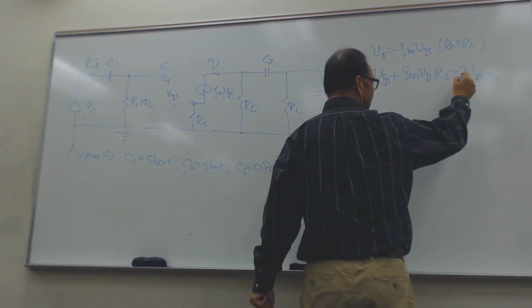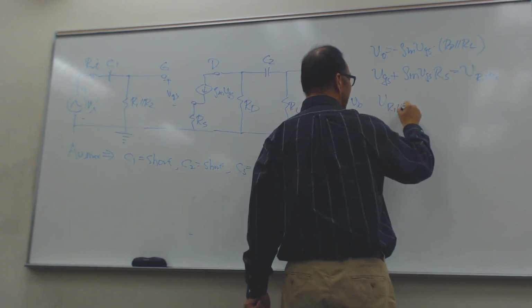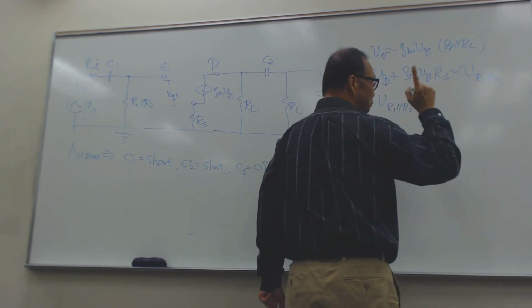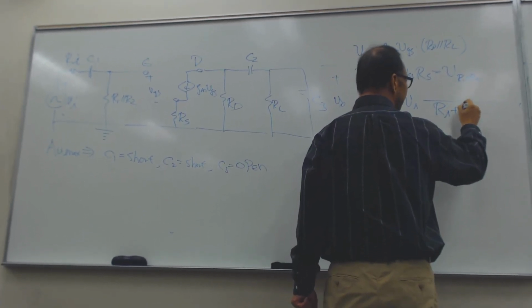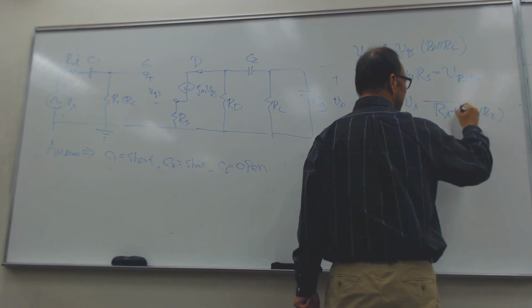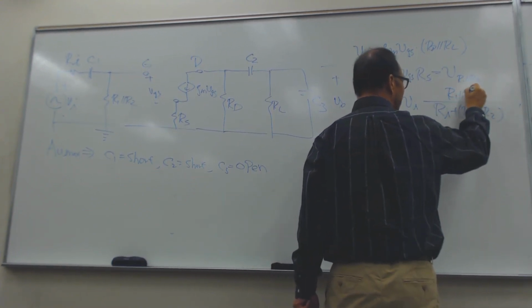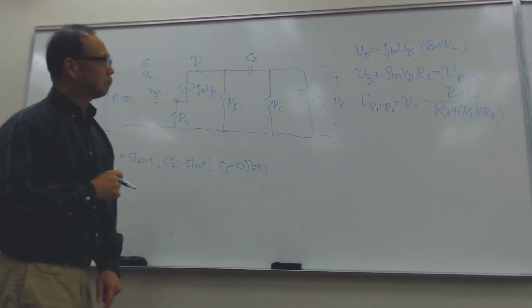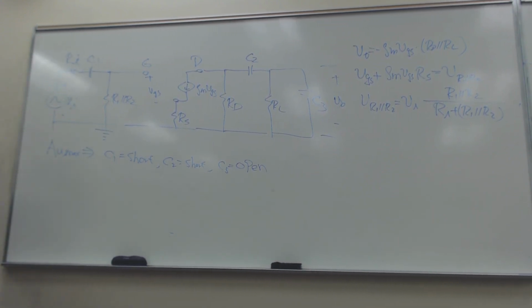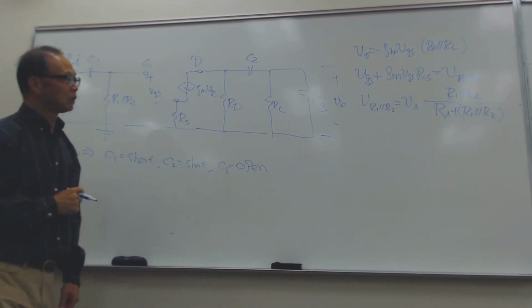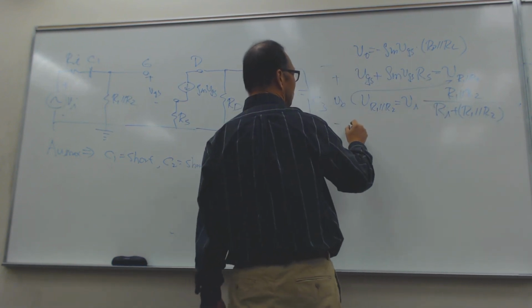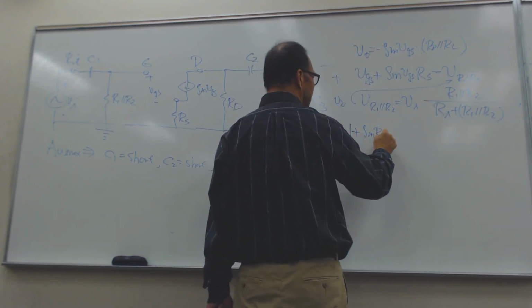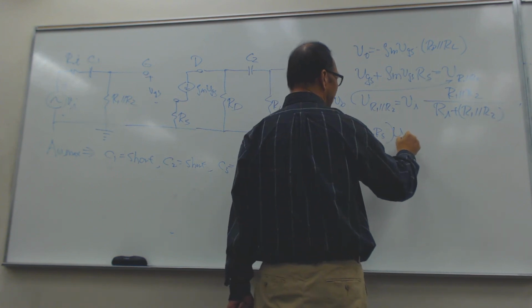Okay, and that VR1 in parallel with R2 is V sub I according to the voltage divider rule. And then R1 in parallel with R2. Correct or not? All right? So therefore, if I put this here, right? So I get 1 plus GM RS VGS, right?